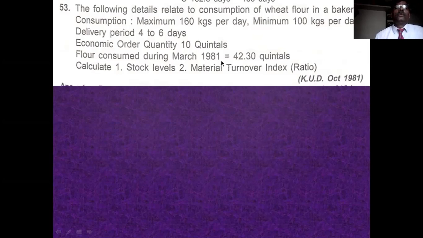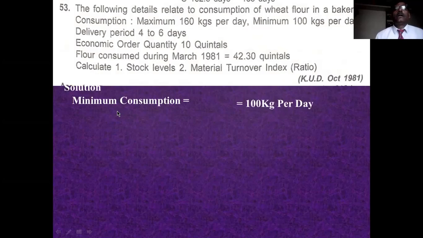Flour consumed during the year is 42.30 quintals. This is to be converted. Calculate stock levels and material turnover ratio. We calculate all the levels of stock and material turnover index.